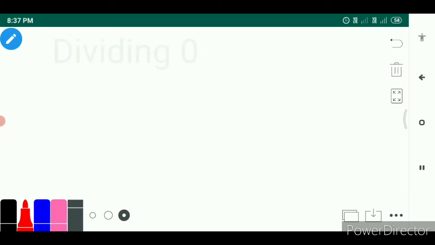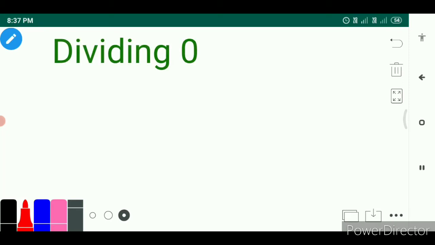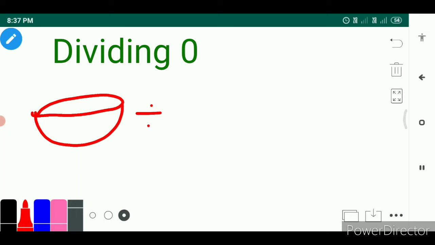Now let's see the next property, which is dividing 0. Suppose 0 sweets are there, and we have to divide these sweets among 5 children. Suppose this is a bowl, and here 0 sweets are kept. Then each child will get how many sweets? 0, right?